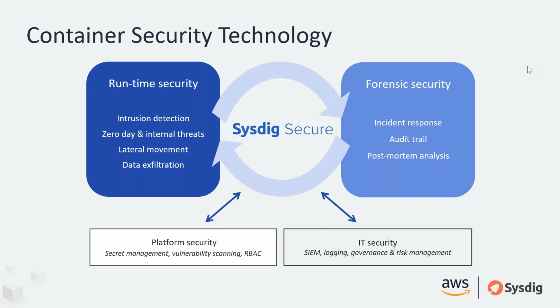Next I'm going to talk about where we sit in the container security stack. We're really focusing on runtime security and forensic security. On the runtime side, we're looking for fundamentally malicious behavior, like if a user runs a shell on a container, or if there's a write below etc, or if someone has modified an RPM database. So we're looking at the activities happening on your containers and hosts while you're running them in production.